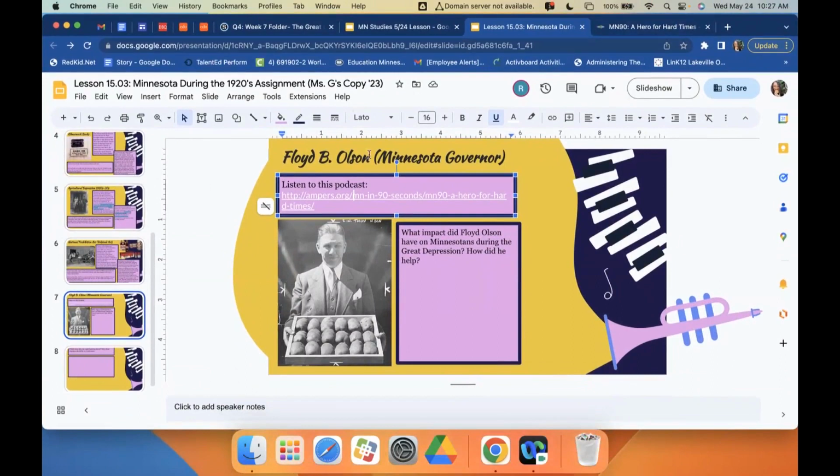Okay, so slide number 7 here, and you can always go back to slide number 6 if you need a little more time after, is on Floyd B. Olson. He was a Minnesota governor, and we're going to listen to his impact during the Great Depression. So what impact did Floyd Olson have on Minnesotans during the Great Depression, and how did he help?